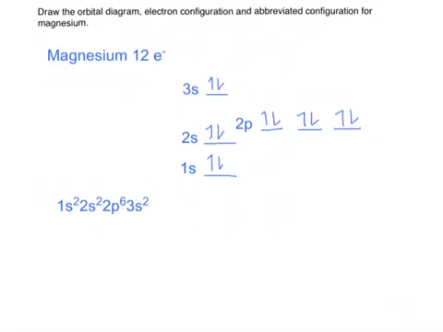That is 10 electrons total, and that would be neon, which is the second noble gas in the group. And now the last thing we have left to do is just write the outermost electrons, which are just the 3s2. So we'll just add 3s2, and then neon 3s2 would be the abbreviated electron configuration for magnesium.